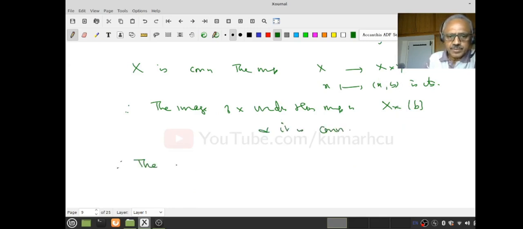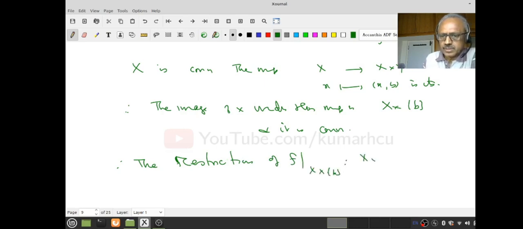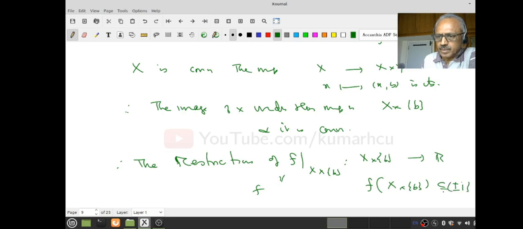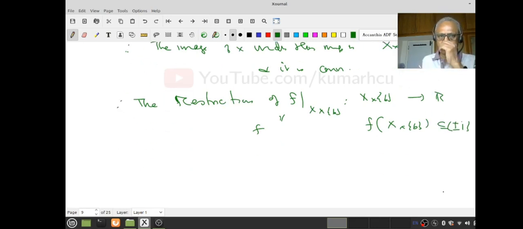Therefore the restriction of f to this space X cross {b} to R, of course it takes values plus or minus 1. I will simply again denote it by f itself. This is contained in plus or minus 1, and since f is continuous from X cross Y to R, restriction to any subset is also continuous with respect to subspace topology. Remember, X cross {b} has a subspace topology, right?